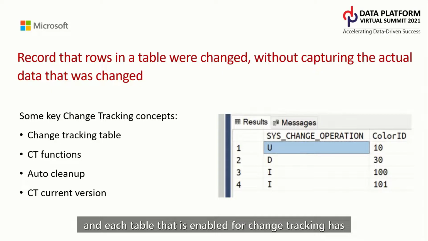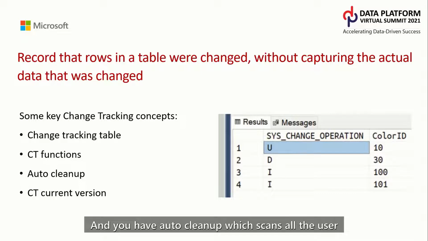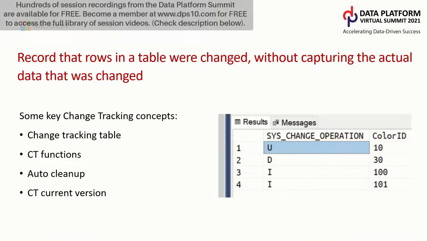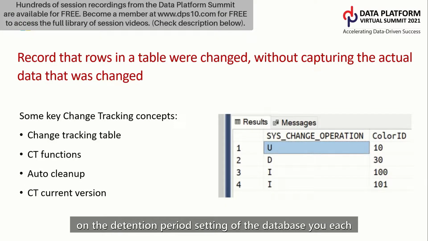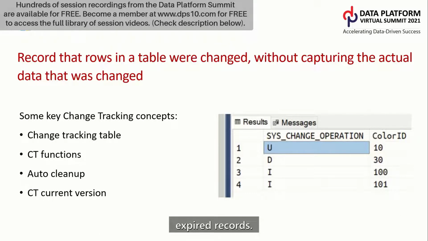Each table that is enabled for change tracking has an internal on-disk table, which is used by the change tracking functions to determine the change version and the rows that have changed since a particular version. And you have auto cleanup, which scans all the user databases to identify the change tracking enabled databases, and based on the retention period setting of the database, each internal on-disk table is purged of expired records.